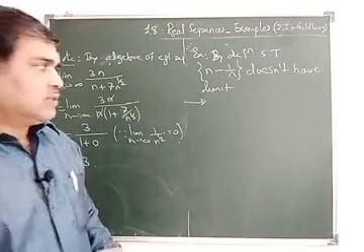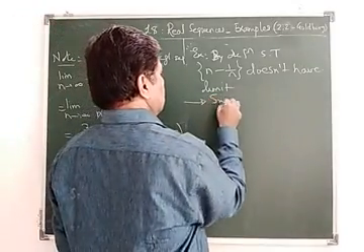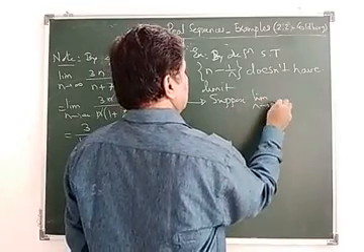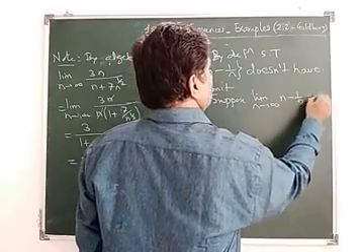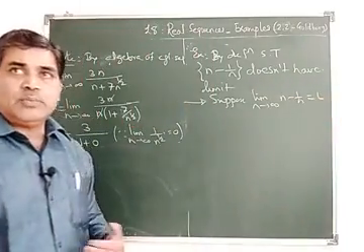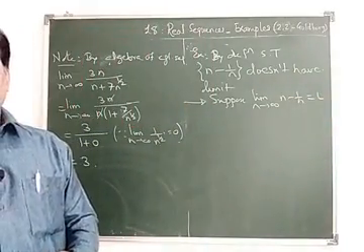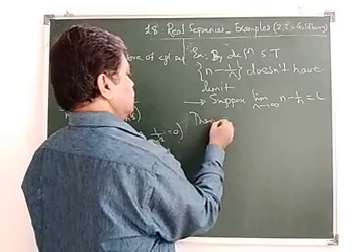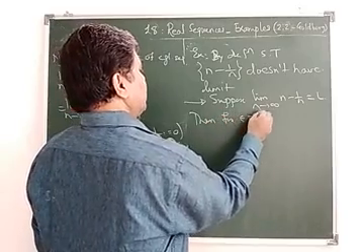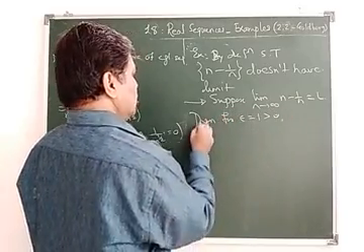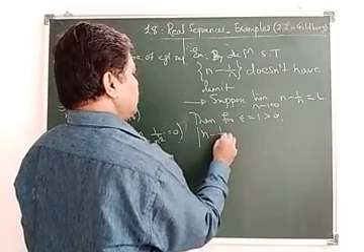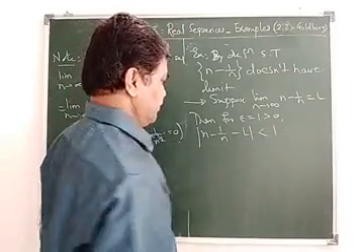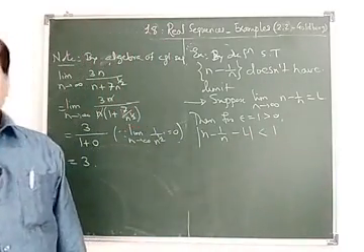So suppose limit n tends to infinity of n minus 1 by n is equal to L. If I assume this limit is L, then for epsilon equal to 1 greater than 0, mod of (n minus 1 minus n) by n minus L is less than 1.